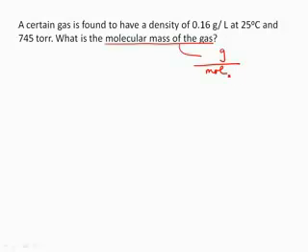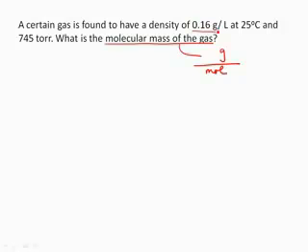Then think about those two things separately. In other words, look through the information given. Do I have grams of something somewhere? Or do I have moles, or information where I can find moles? In this problem, we do have grams. It's not a straight out mass, but it's embedded in this density. That says that if I have a volume of 1 liter of this gas, it has a mass of 0.16 grams.